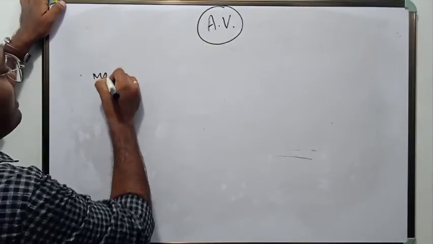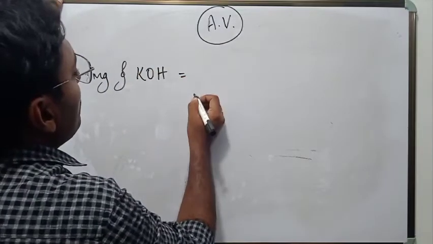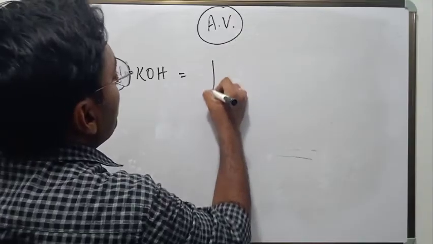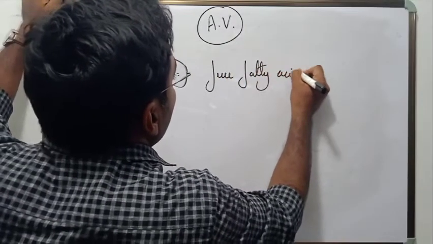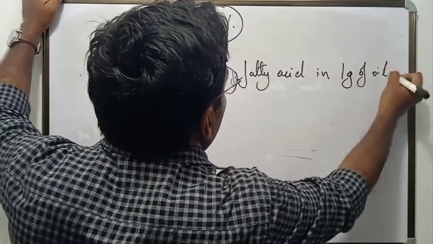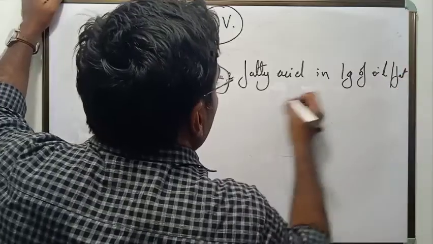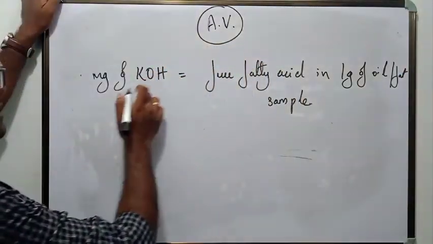Acid value is milligram of KOH that is required to neutralize free fatty acid in 1 gram of oil or fat sample. So that is acid value. What is it?